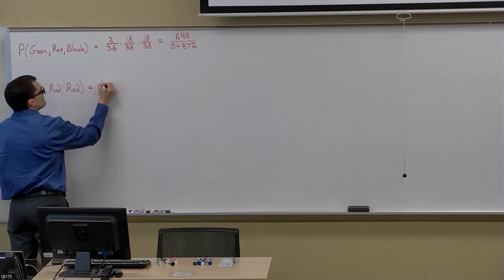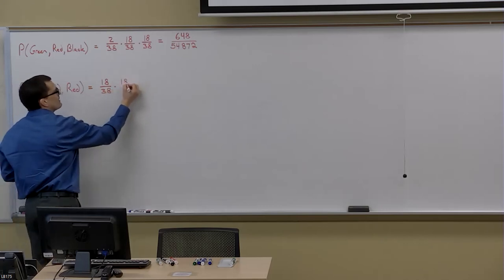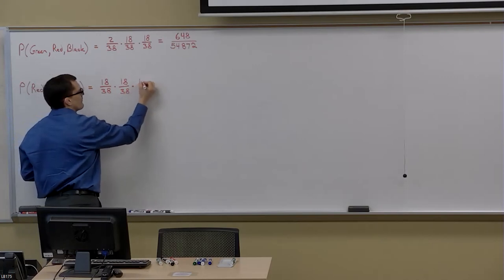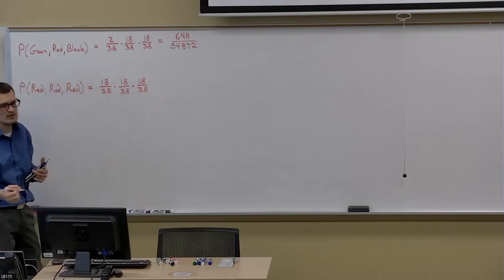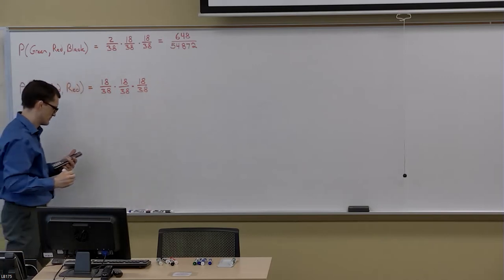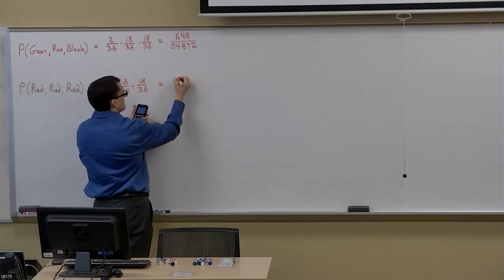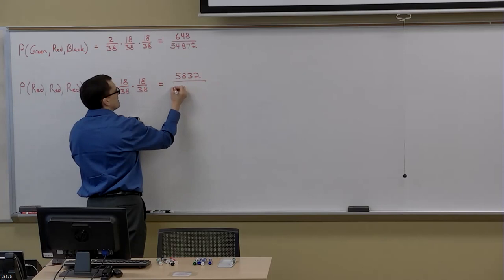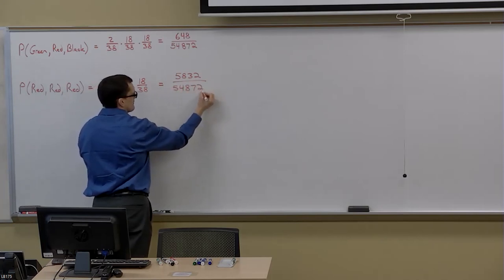Similarly, red times red times red is 18 over 38 times itself 3 times. I once again multiplied all the numerators. I got 5,832 on top. And in my denominators, once again, I got 54,872.